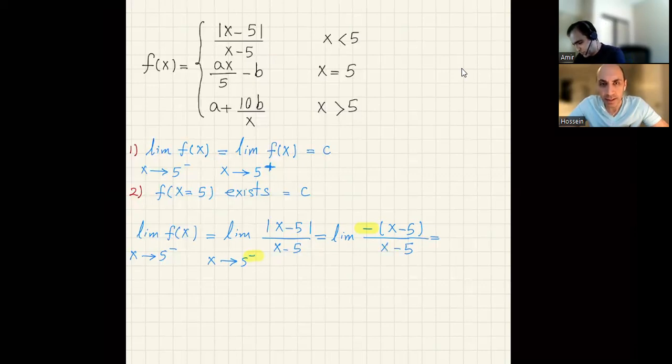Let me change the color to green. If this is the x-axis, this is the y-axis, and say this point is x equals 5.